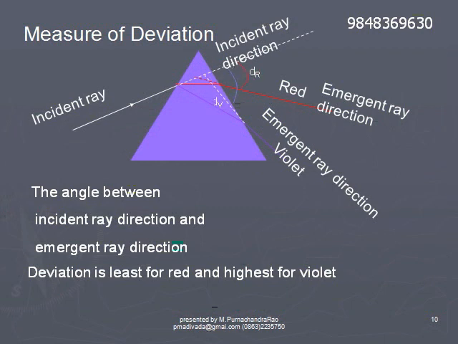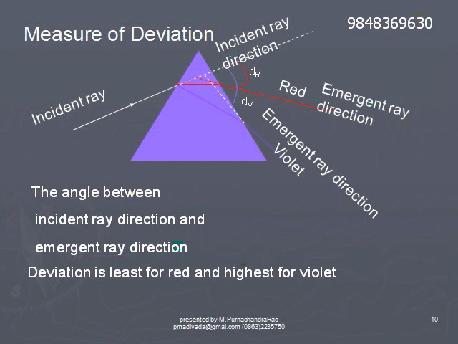So the angle between the incident ray direction and the red ray direction is dr. That means it is the angle of deviation for red color. Similarly, the angle between the incident ray direction and the emergent violet ray direction is indicated with dV, that is deviation of violet radiation.